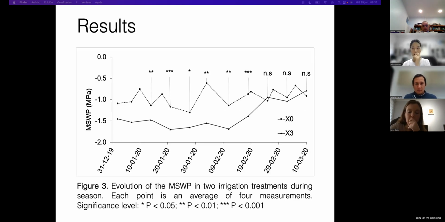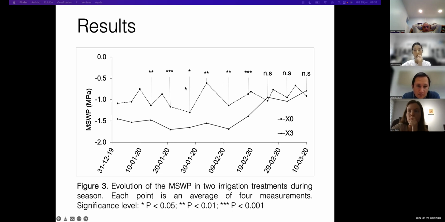So here are the results. In this graph, we see the behavior of the stem water potential throughout the experiment in the first season. We see clearly that the treatments differ, with X0 having an average of around -1 megapascal, which coincides with plants with no or very light stress.